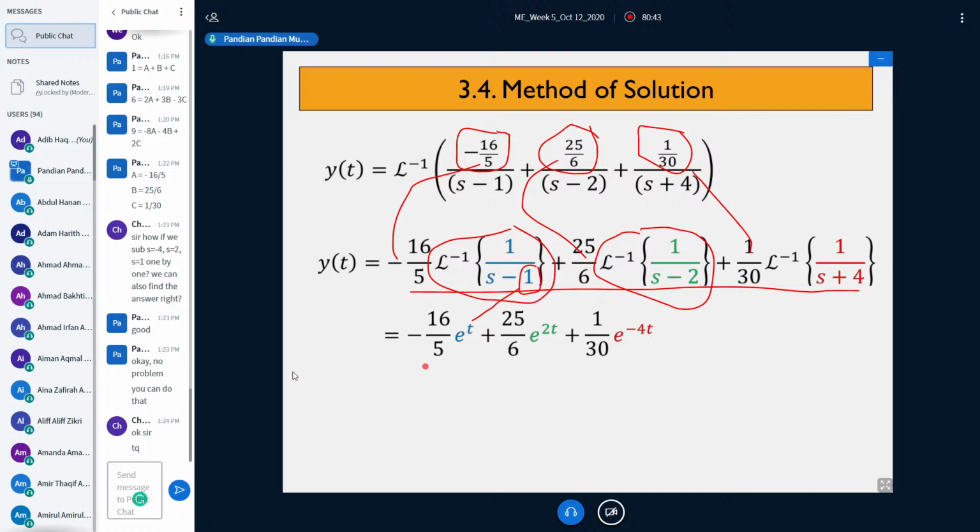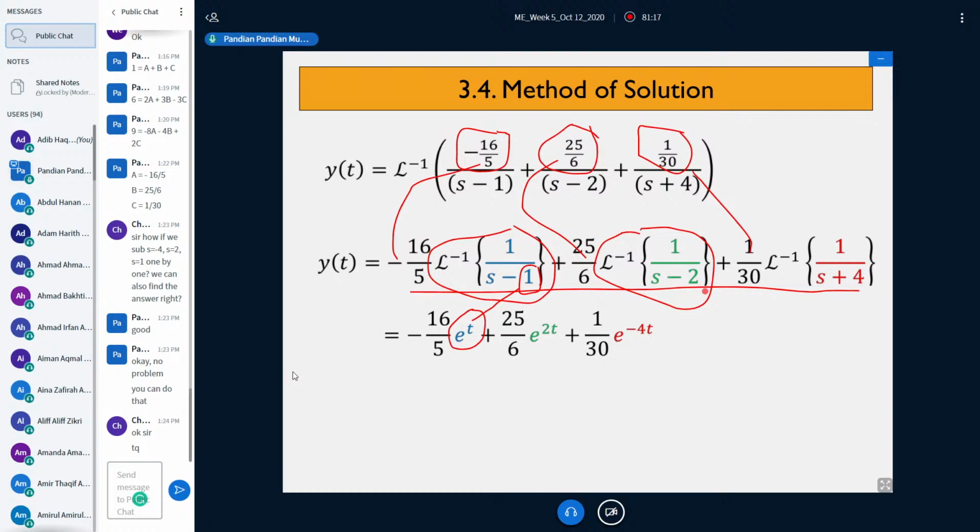Minus 16 over 5, you just leave it. So the answer for inverse Laplace of 1 over S minus 1 is e power t. This is very important: minus 16 over 5 has nothing to do with the inverse Laplace. It's just a constant, you put the constant outside. Similarly, 25 over 6 is outside. Inverse Laplace of 1 over S minus 2.